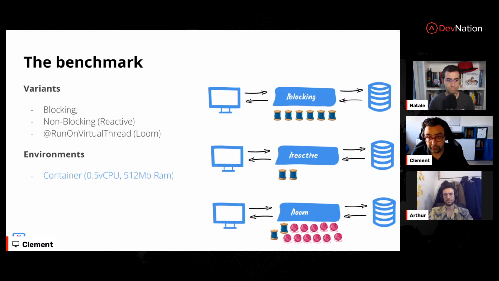With that scenario in mind, we have implemented it three times: the blocking one using worker threads, the reactive one using IO threads, and Loom using the carrier threads and one virtual thread per request. We have done many different environments, but today we are going to look at one which is very interesting for us, which is more or less what we are seeing when we run containers: half a CPU, 512 megabytes of RAM.